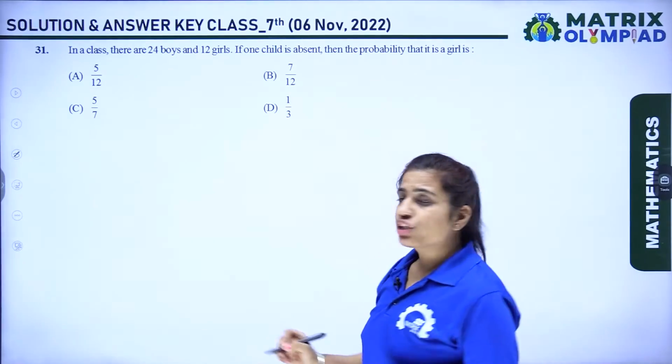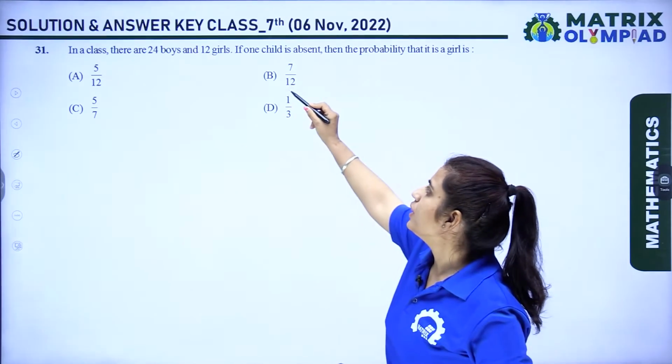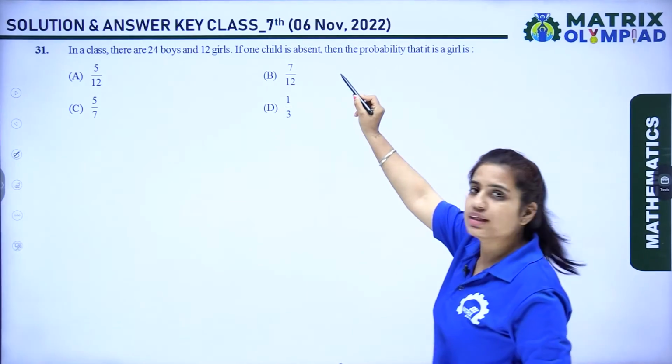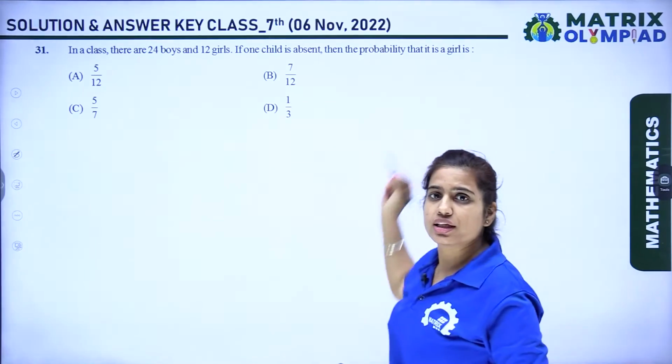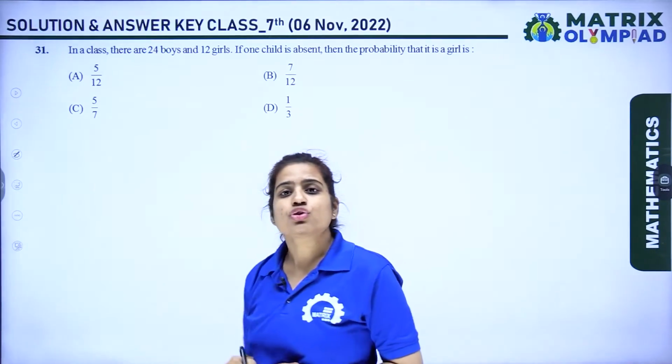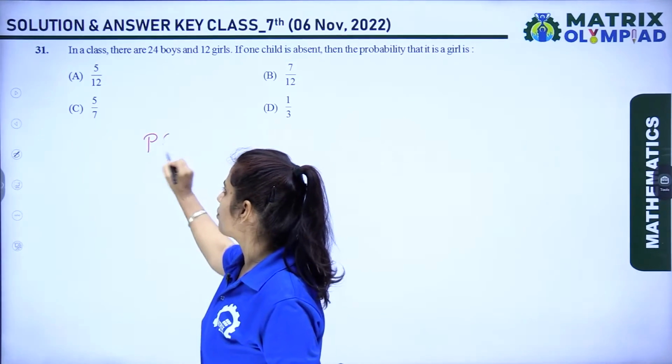Now let's begin with question number 31. In a class, there are 24 boys and 12 girls. If one girl is absent, then the probability that it is a girl is. Now here in this question, we have to find out the probability, and we know the formula of probability.